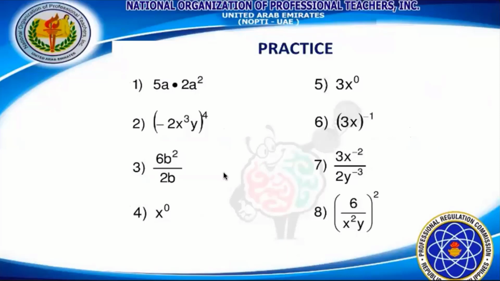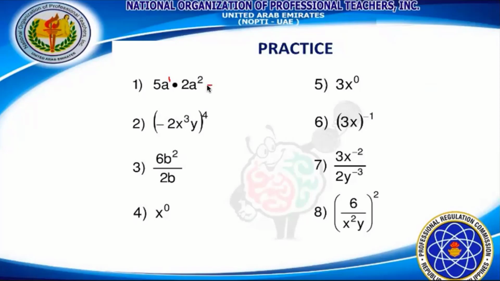Number 1, first rule, 5a times 2a square. Anong sabi? Pag pareho ang base. Pag ganyan kasi, di ba, ang exponent ni a dito is 1 automatic.